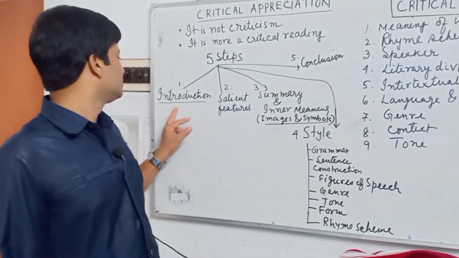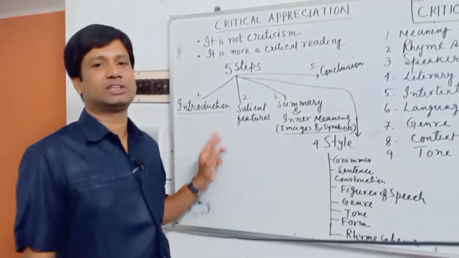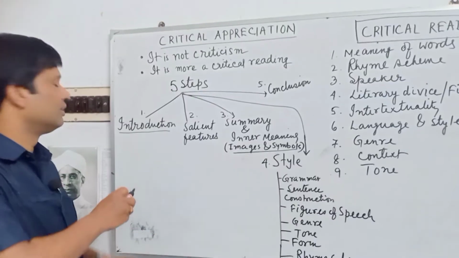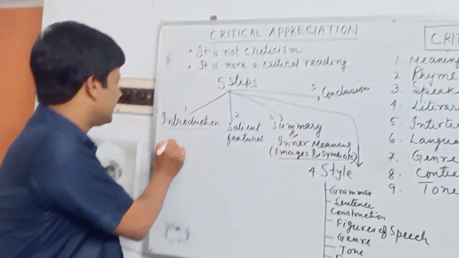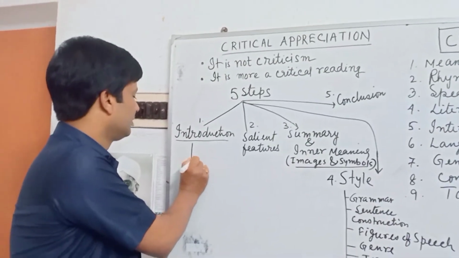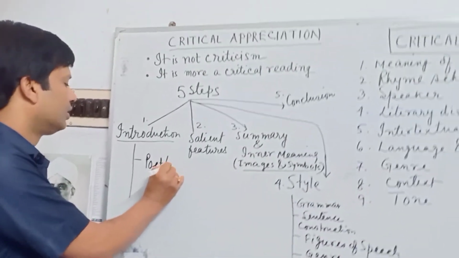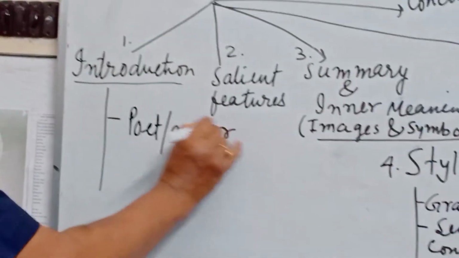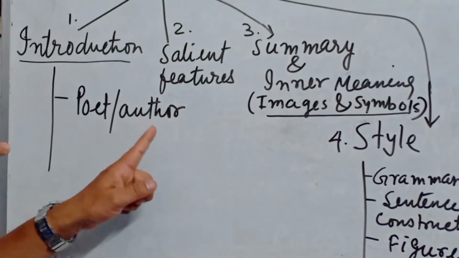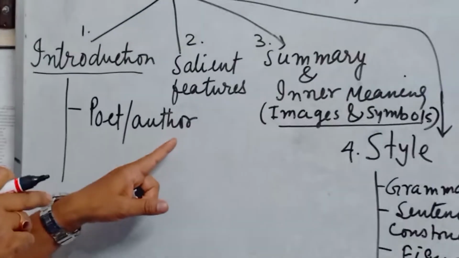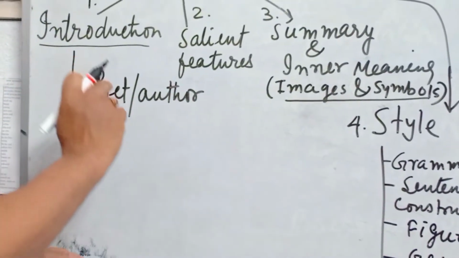First of all, you should write introduction, the very beginning of the critical appreciation. What should be written in the introduction? Poet or author. Author may be novelist, may be dramatist, may be short story writer or maybe an essayist.